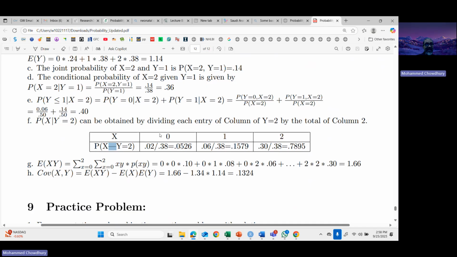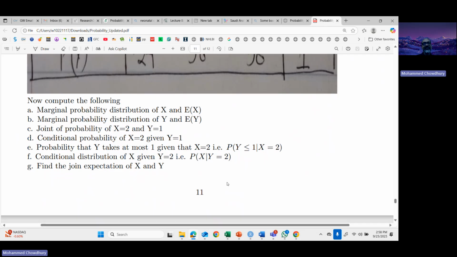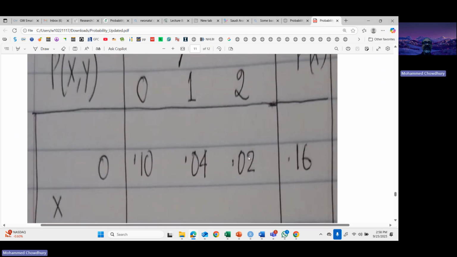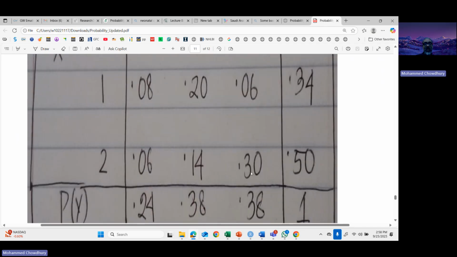Here I wrote the conditional distribution of x. That means I want to find the conditional distribution of x given y equal to 2. In order to find this, this is the joint of x equal to 0 and y equal to 2, this is the joint of x equal to 1 and y equal to 2, and this is the joint of x equal to 2 and y equal to 2.